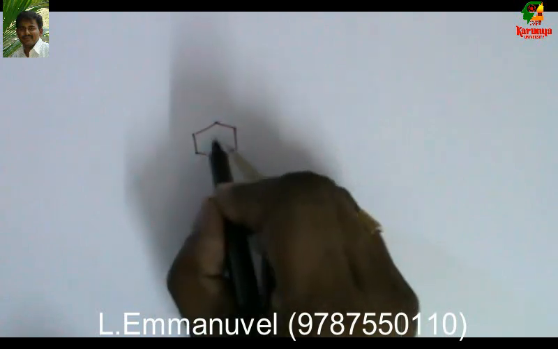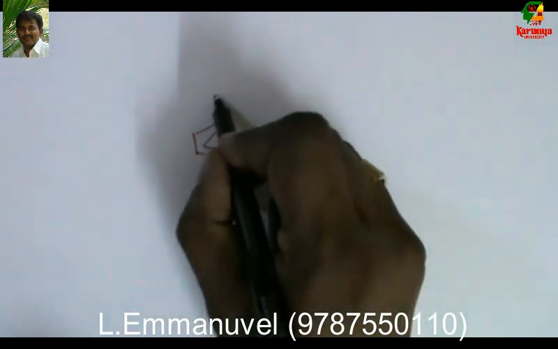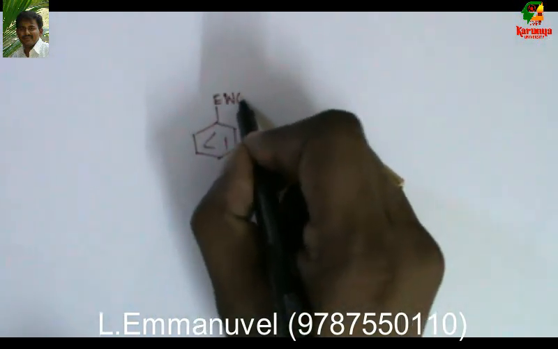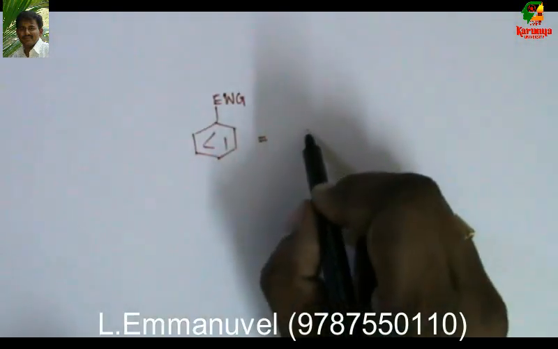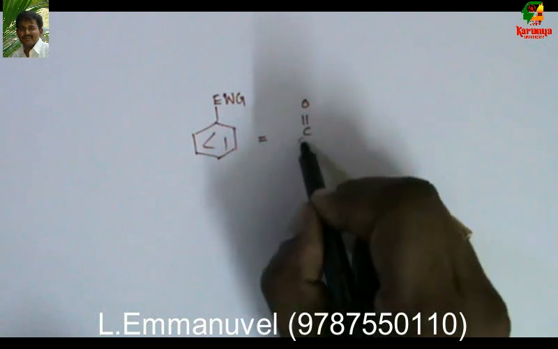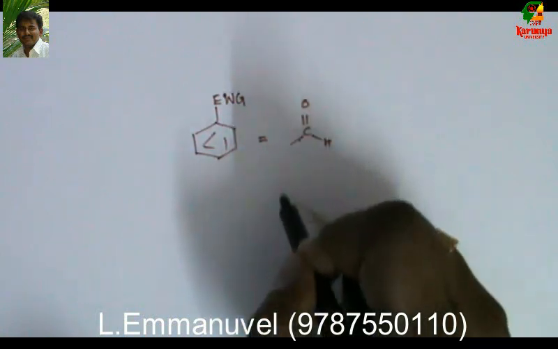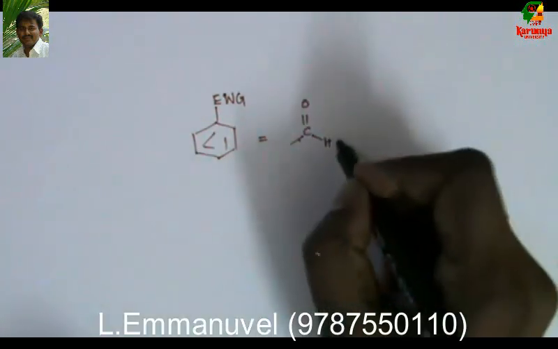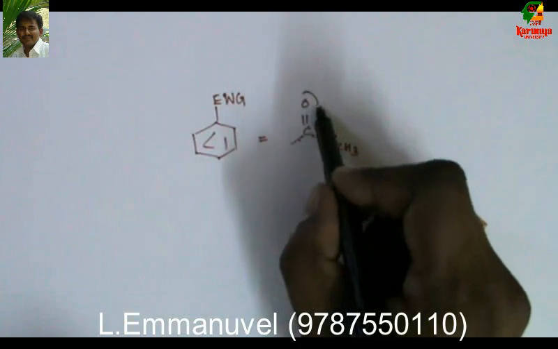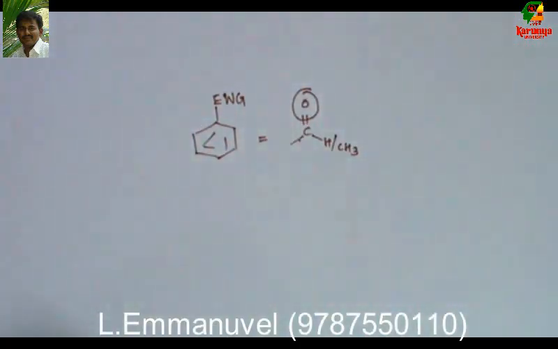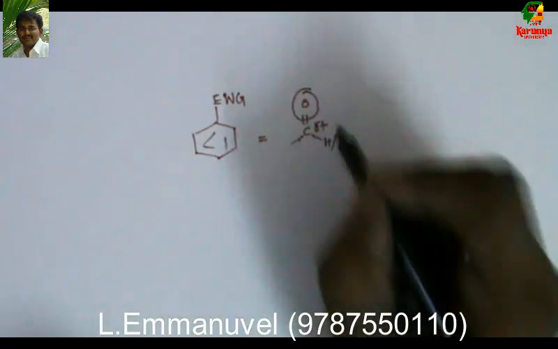What are the groups? First one is aldehyde and it may be ketone. If a carbonyl group is attached to this, because of more electronegativity of this oxygen atom, there will be del plus.